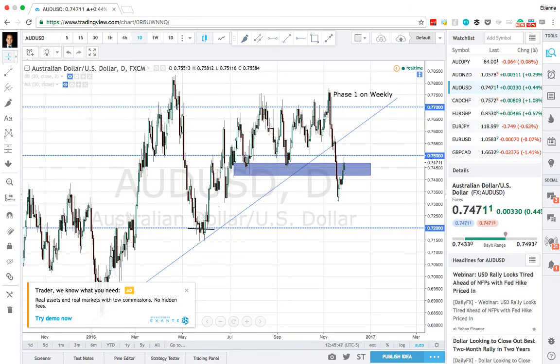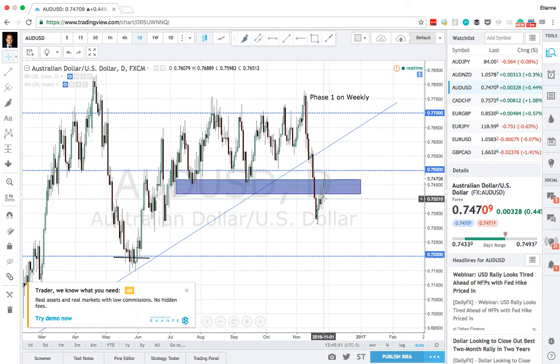AUDUSD then. For this pair I was looking at something specific, and I'll show you what. We had this strong level, 0.75, which we've been above for quite a long time, about 3 months, 4 months or so. And now we broke down below this level, 0.75.